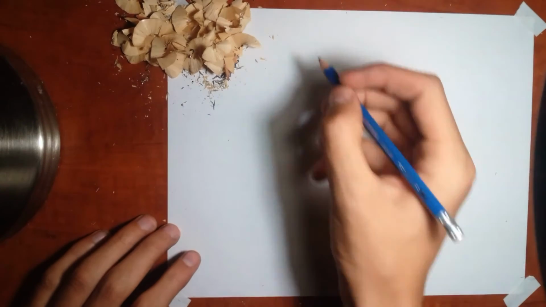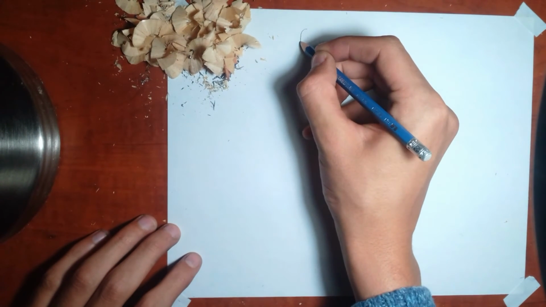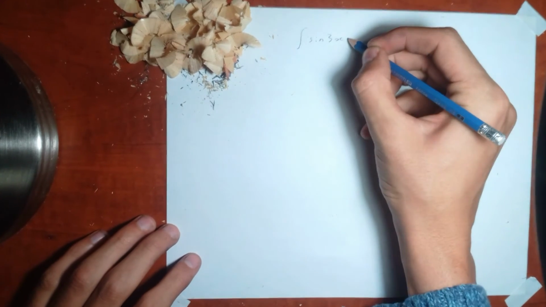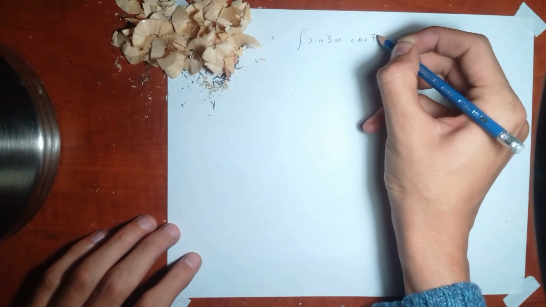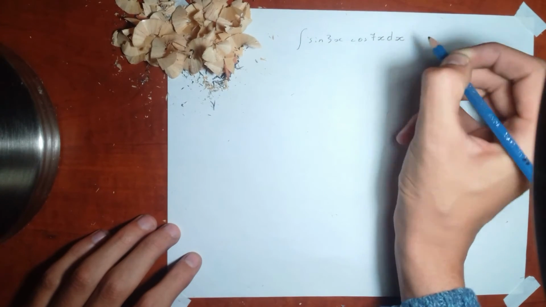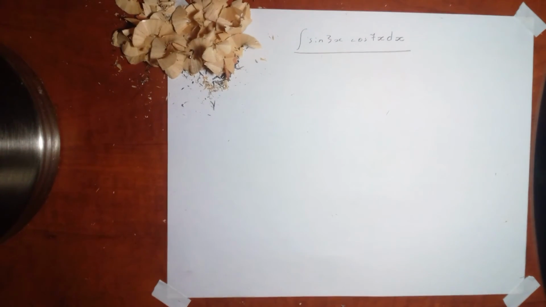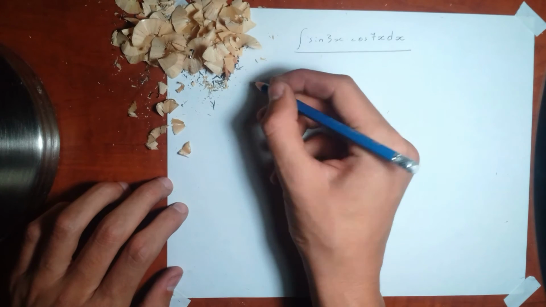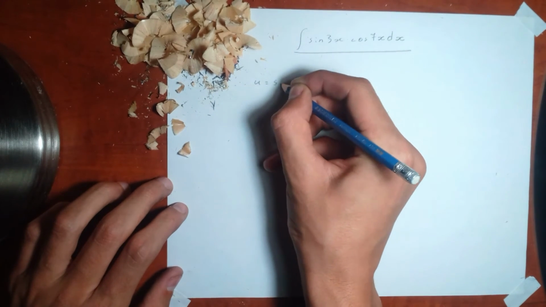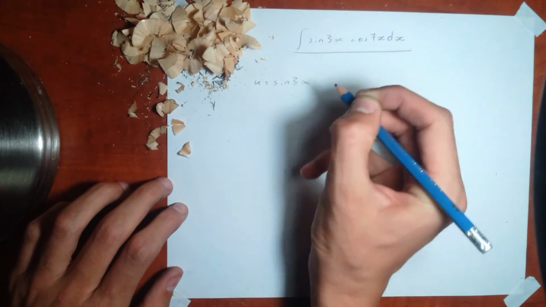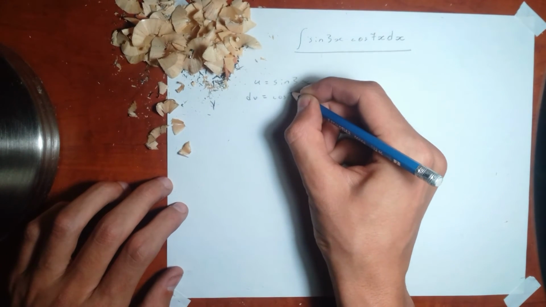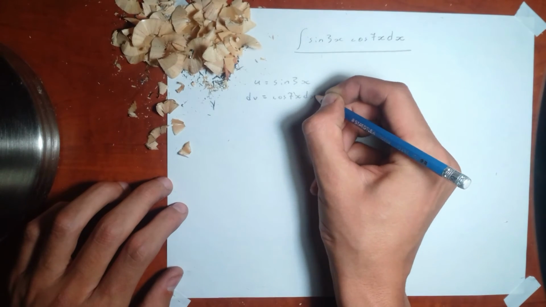So today I will be solving the following integral: the integral of sine 3x times cosine 7x dx. I will begin by assigning the following values. u equals sine 3x and dv equals cosine 7x dx.